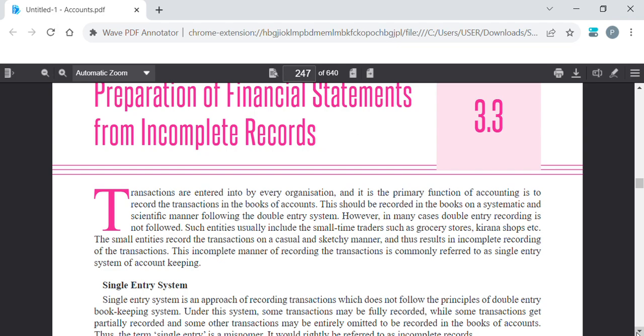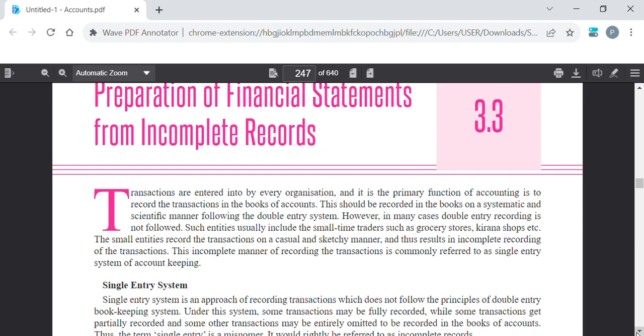However, in many cases, double entry recording is not followed. Such entities usually include small time traders such as grocery stores, kirana shops, etc. Small entities record transactions in a casual and sketchy manner, which results in incomplete recording of the transactions.